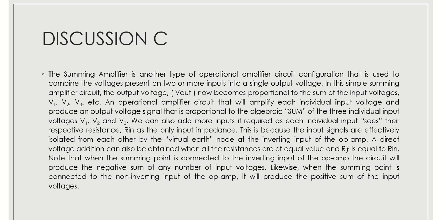A direct voltage addition can also be obtained when all the resistances are equal value and Rf is equal to Rin. Note that when the summing point is connected to the inverting input of the op-amp, the circuit will produce the negative sum of any number of input voltages. Likewise, if the summing point is connected to the non-inverting input of the op-amp, it will produce the positive sum of the input voltages.